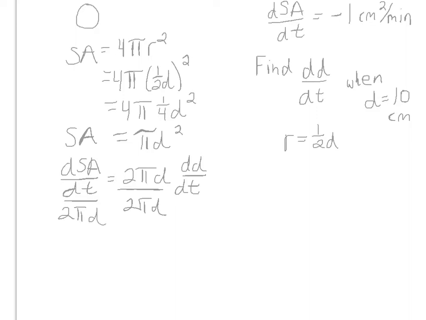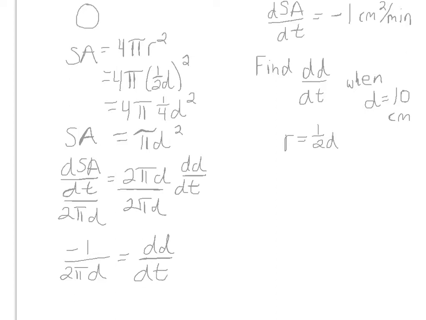Since I know that dSA/dt is -1, I'm going to replace that with a -1. So I know that dD/dt equals -1 over 2 pi d.